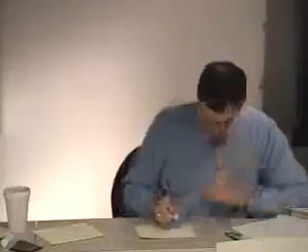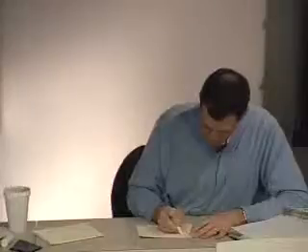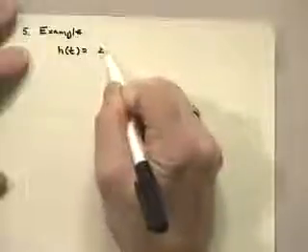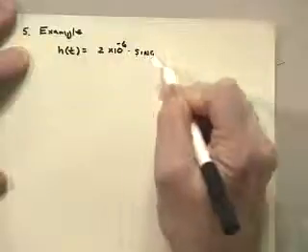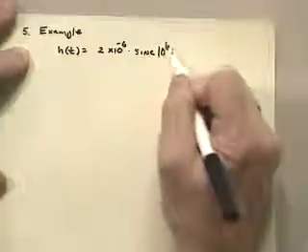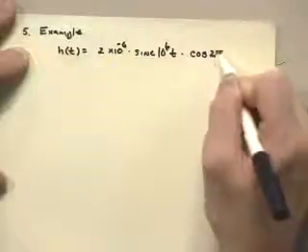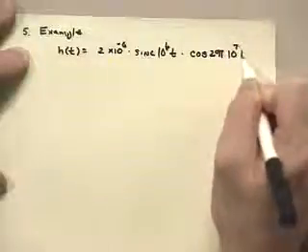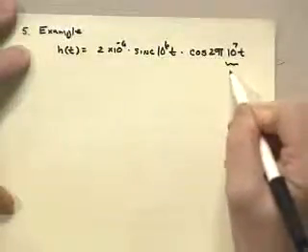Okay. Any other questions? All right, let's look at an example. And this is the same example from the notes. We have an H of t that happens to be 2 times 10 to the minus 6th times sinc of 10 to the 6th t times cosine of 2 pi 10 to the 7th t.